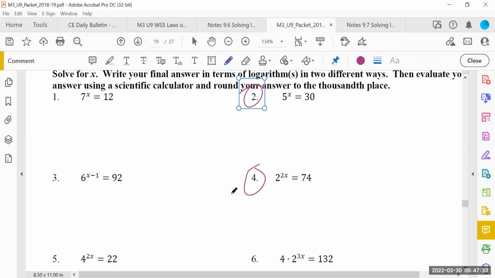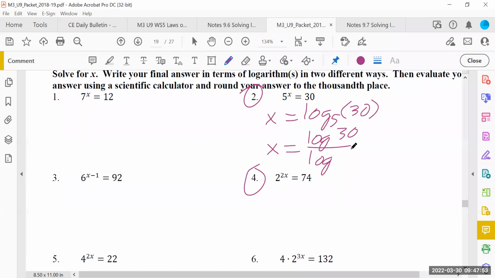All right, so number two, I'm just going to check your answers. Number two, you get x is equal to log base 5 of 30. With the change of base formula, x equals log of 30 over log of 5. Okay, those are both correct answers.